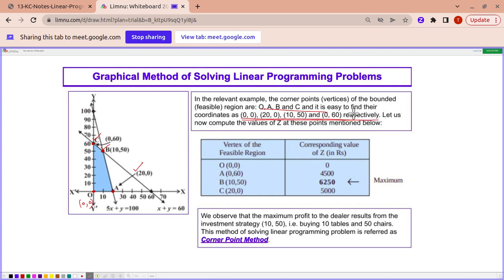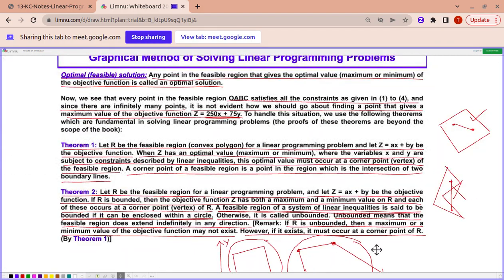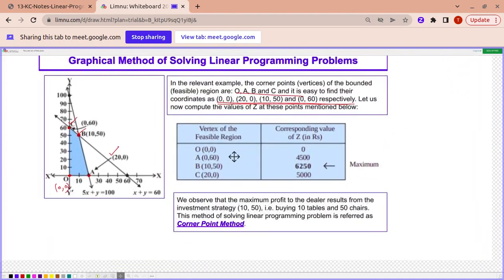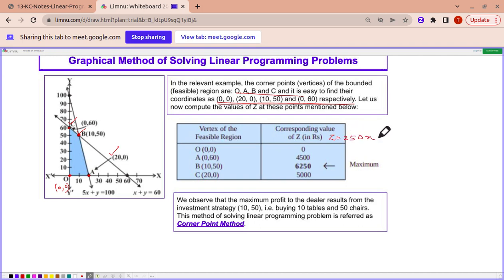Let us now compute the value of Z, the objective function. What is the value of Z? It is 250x plus 75y. So here the value of Z we are computing is Z equal to 250 into x plus 75 into y.